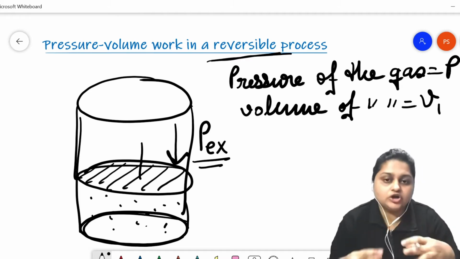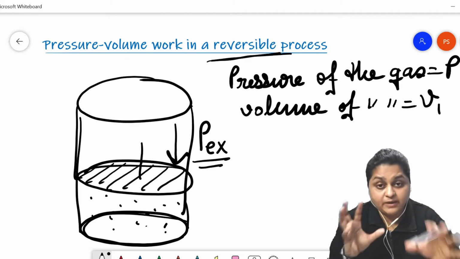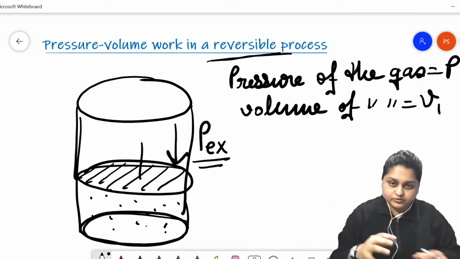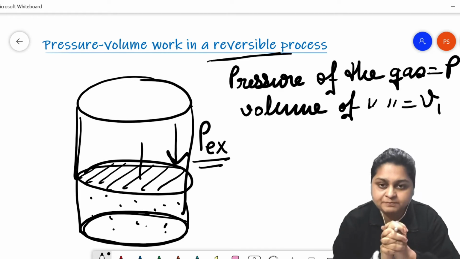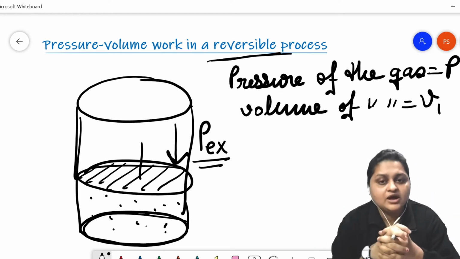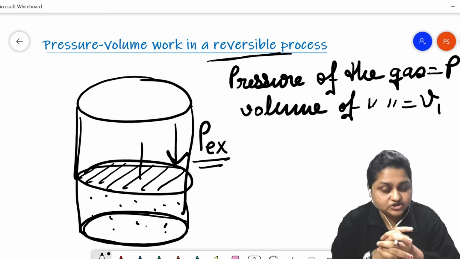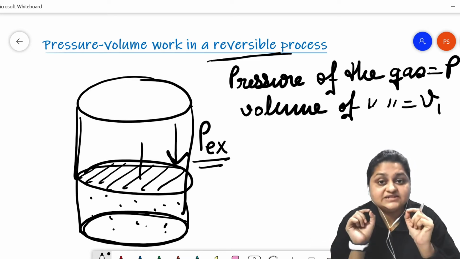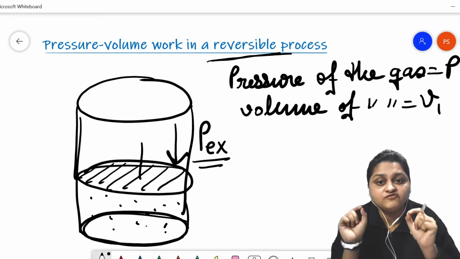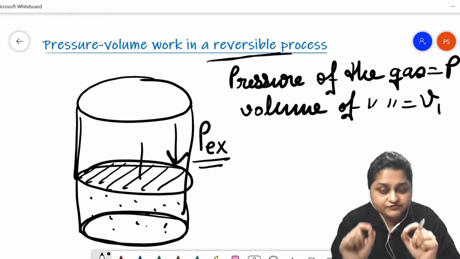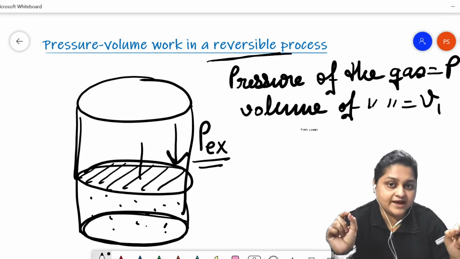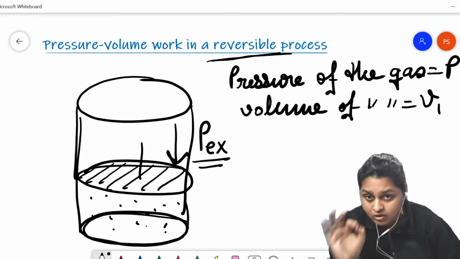As we are talking about a reversible process, and we are talking about an expansion process, the external pressure is going to be less compared to the internal pressure of the gas. But as it is a reversible process, the external pressure is going to be infinitely small. The difference between the external pressure and the internal pressure of the gas is going to be an infinitely small amount.